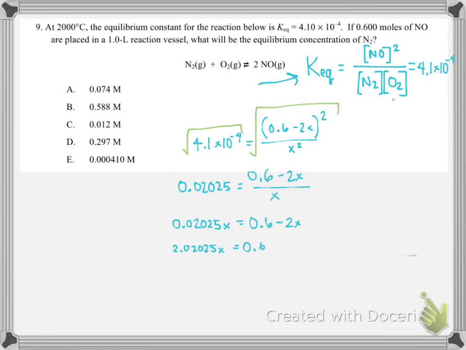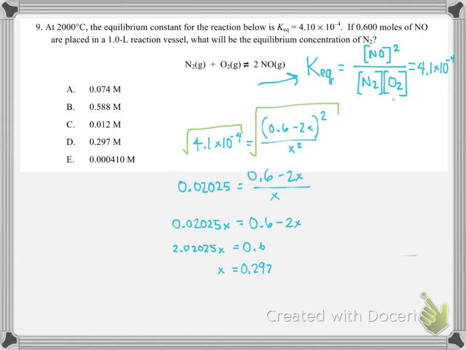And then we'll divide both sides by the 2.02 number to get that x is equal to 0.297. Okay, but before we do anything, we got to remember what the x was.